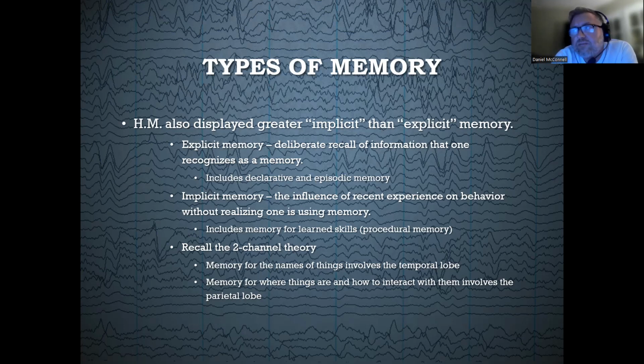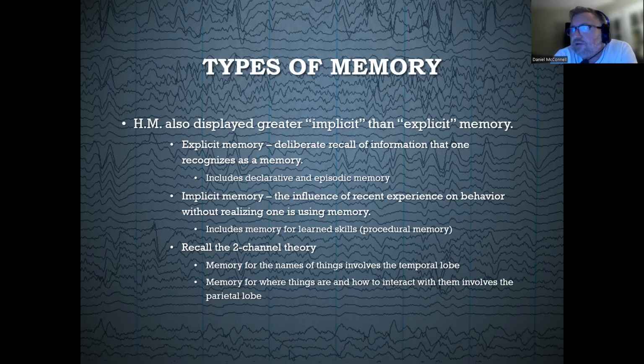He could not name and describe episodes and events and facts from, say, prior to the surgery, because he had some retrograde amnesia. But of course, if you tried to teach him new facts and information after the surgery, he could not acquire that. So again, this loss of being able to encode new explicit memories. But he still had his implicit memories, right?